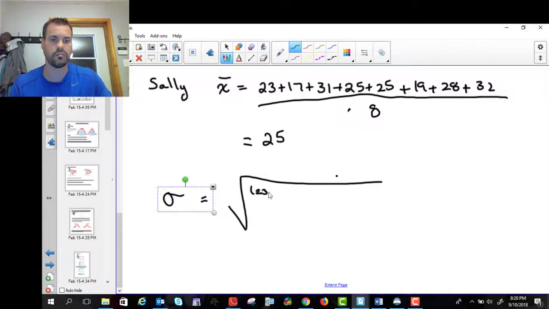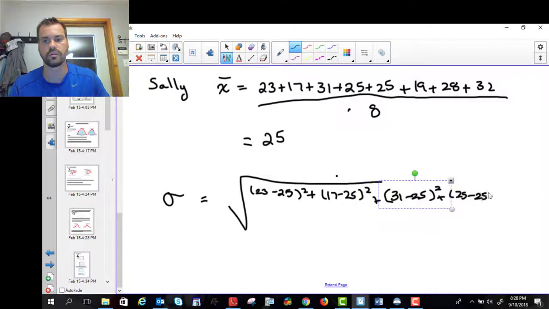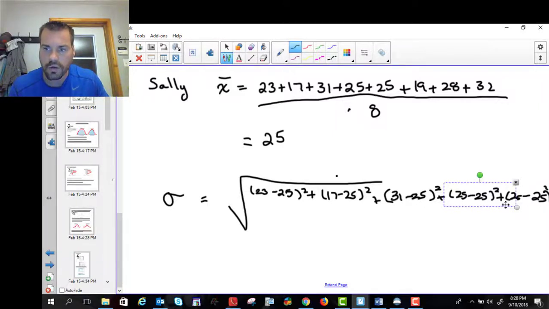So 23 minus the mean, 25, squared, plus 17 minus 25 squared, plus 31 minus 25 squared, plus 25 minus 25 squared, plus 25 minus 25, I'm going to run out of space here, squared.